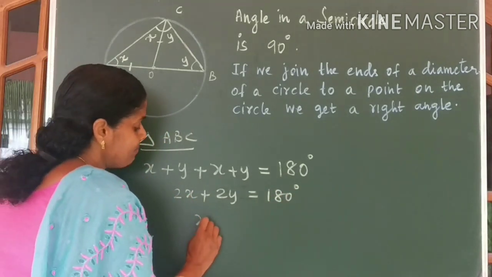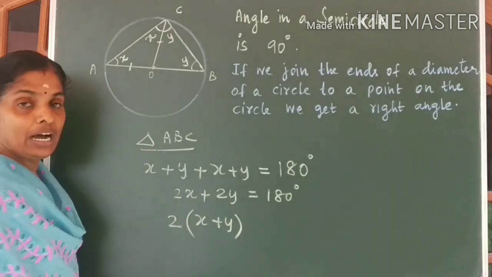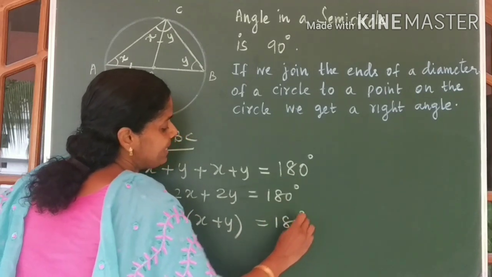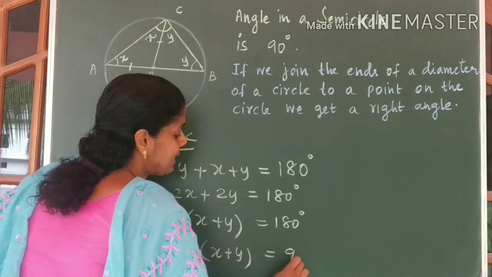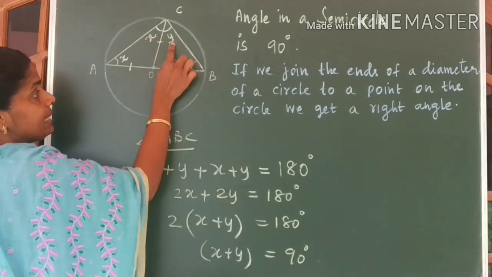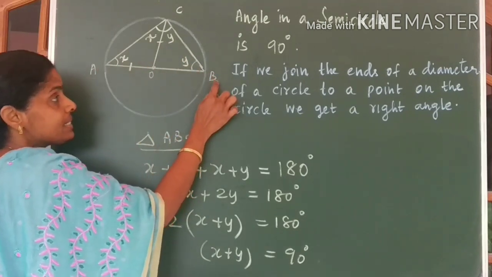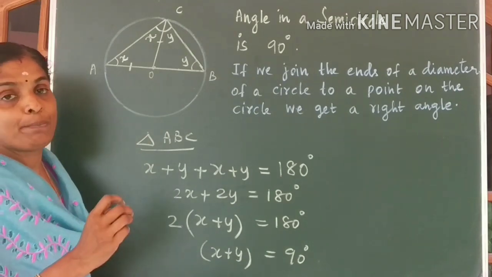Otherwise you can say, take 2 commonly outside: 2 into (x plus y) is equal to 180 degrees, or otherwise x plus y is equal to 90 degrees. X plus y is nothing but the angle made by this diameter at the point C. So what did we prove now?